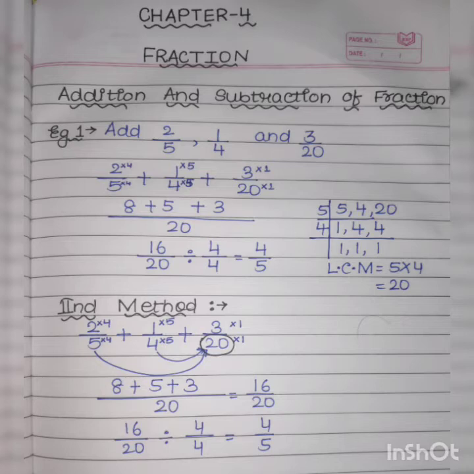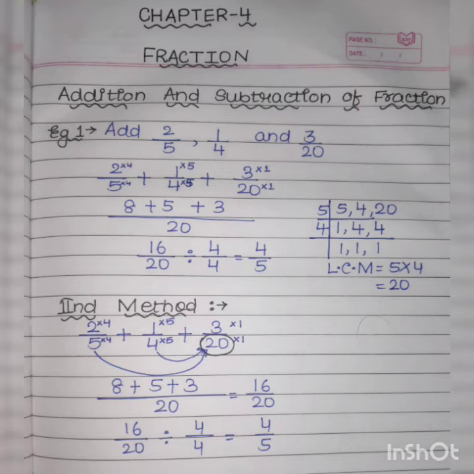And now again we have to convert it into the simplest or the lowest form. So how can we do it? First we have to find out the factors of 16 and 20. Now find out the common factors of 16 and 20. The common factors of 16 and 20 are 1, 2 and 4. Now out of 1, 2 and 4, which is the highest common factor?